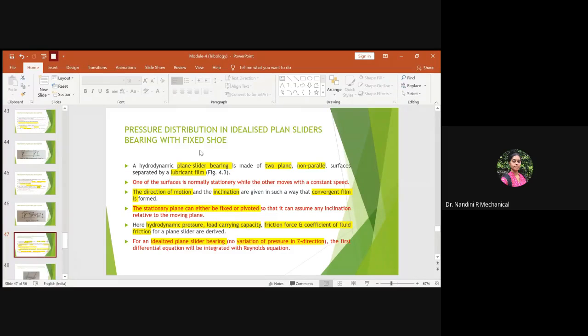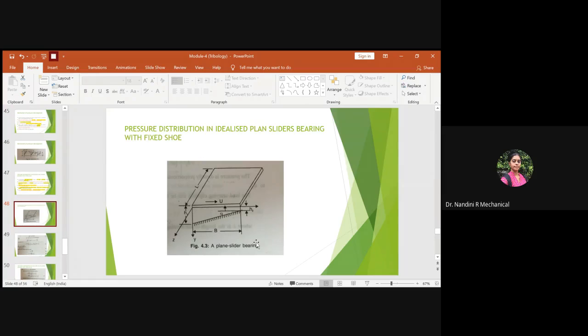With the concepts from the previous class, we now go ahead with deriving the equation. We have two surfaces: this is the top surface and this is the inclined one. The top surface moves with a constant velocity U while the other is fixed, and as a result the oil film flow is of a convergent type, which we call a converged film.